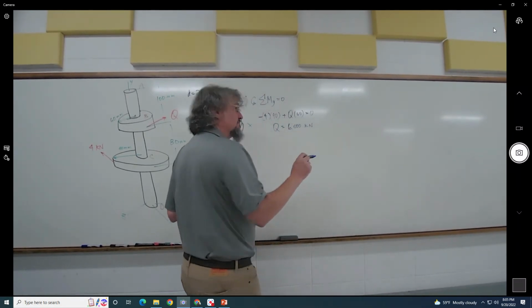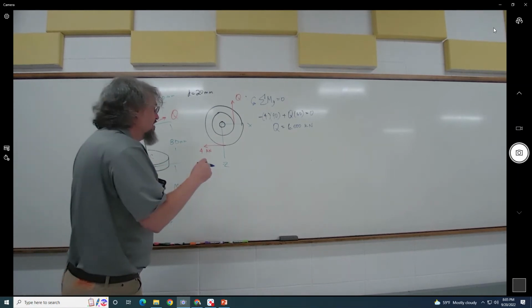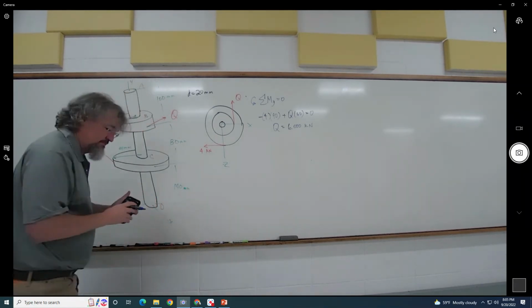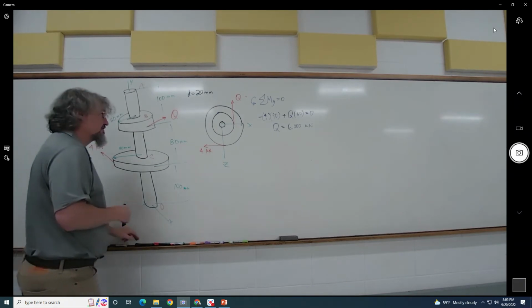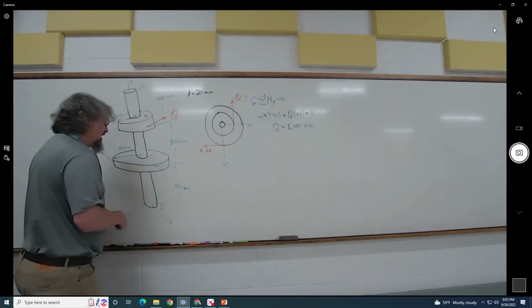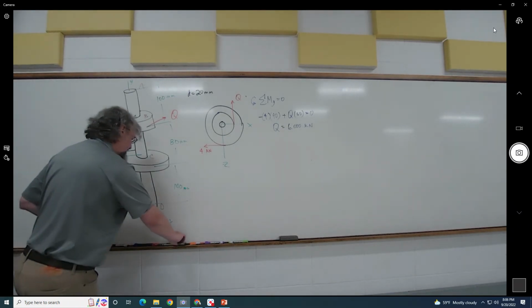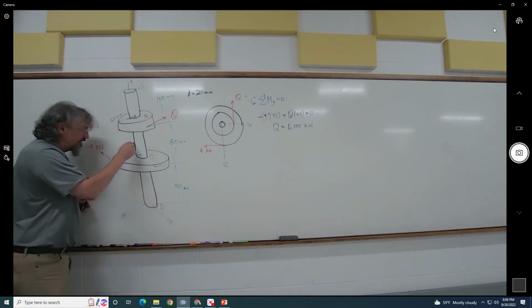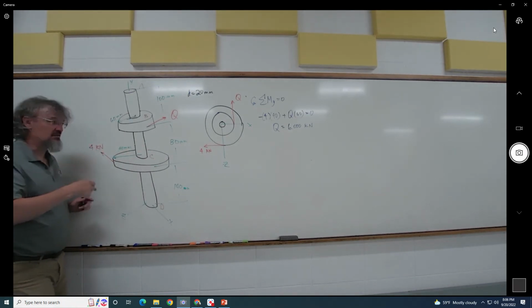Did that just move? Okay, cool. I thought it was an earthquake. And while we're here, it's good to get the torque that's on this thing. To do that, you always have to expose the metal. You've got to cut it to see the torque. Does that make sense? You've got to cut it to see the torque.